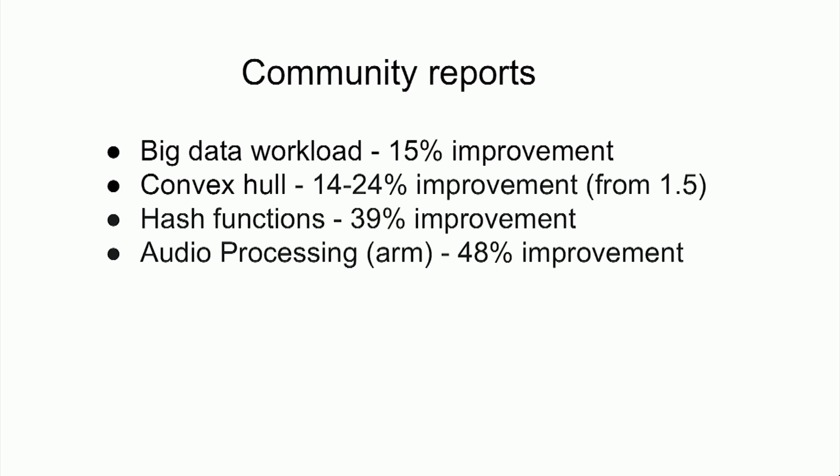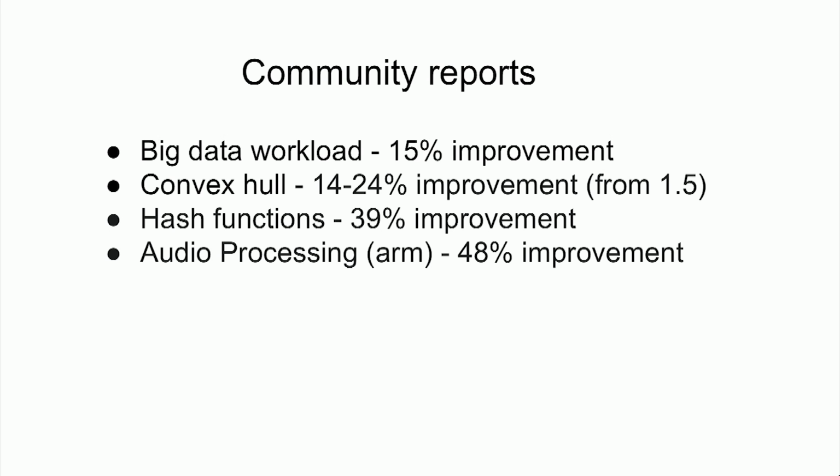So in addition to this not very good benchmark suite that we measure everything against, after we launched, we got a whole bunch of experience reports from people who actually use this code in production. So we had people with big data workloads who were getting 15% improvements. Someone had a convex hull application, which does a lot of floating point, and they got a pretty substantial improvement over Go 1.5.